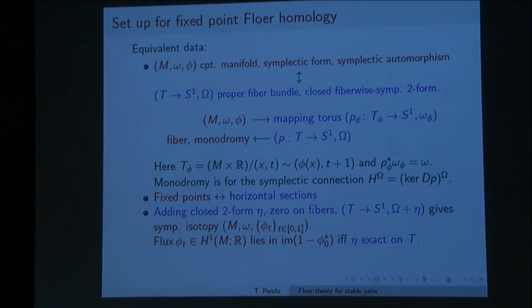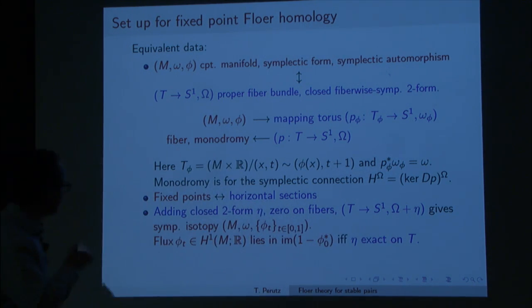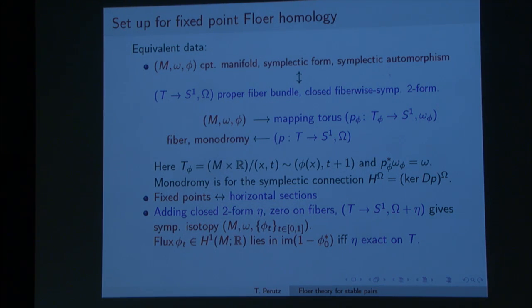It's more or less the same as a family of one-forms parameterized by the circle with certain properties. So I'm going to add eta like so. That changes the monodromy.